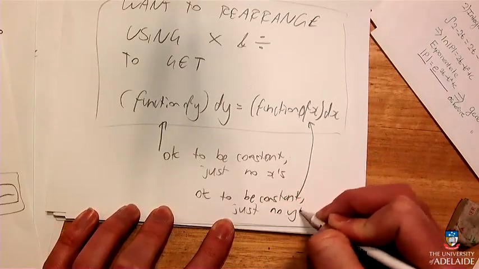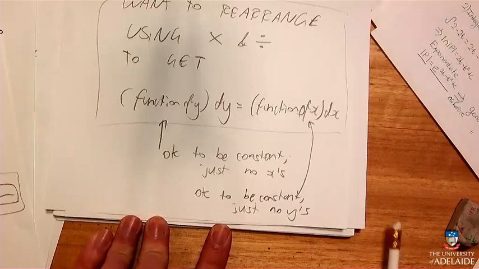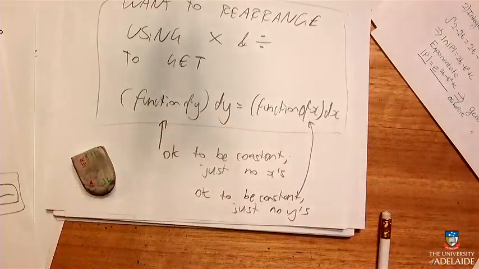Just no y's. Okay? Because technically, a constant is a function of x. Because if you have y equals 2, then no matter what x is, you can still figure out what y is. It's 2. So a constant is still technically a function of x. But it's just worth pointing out.